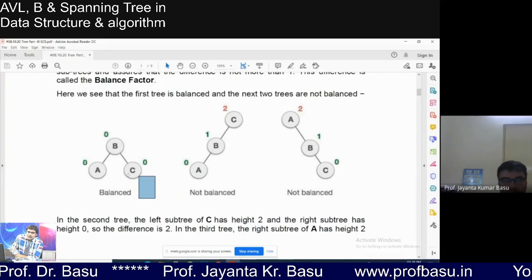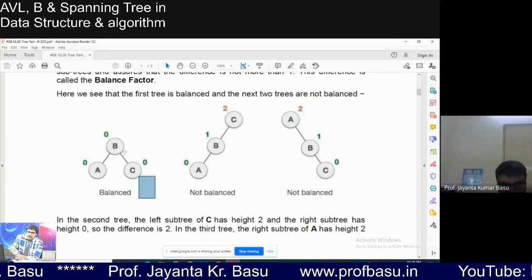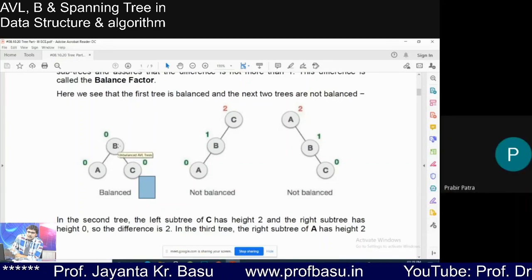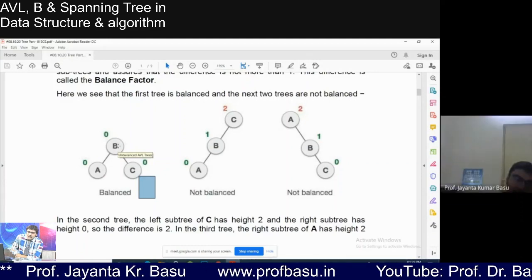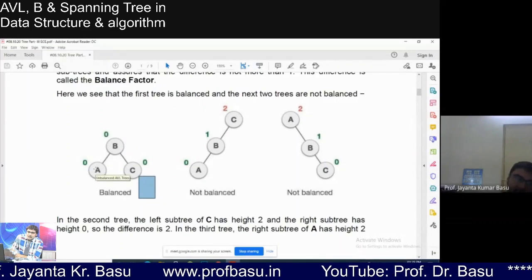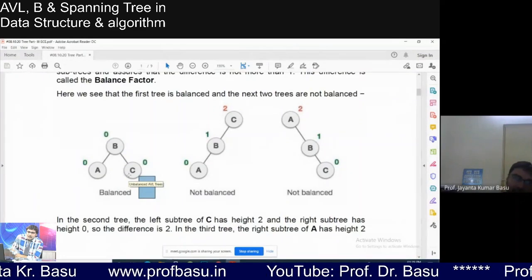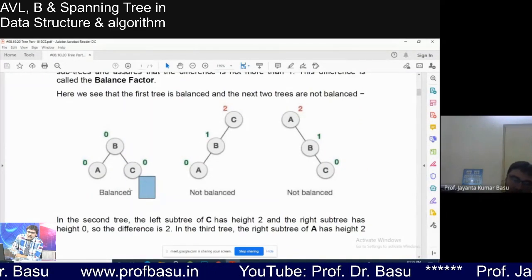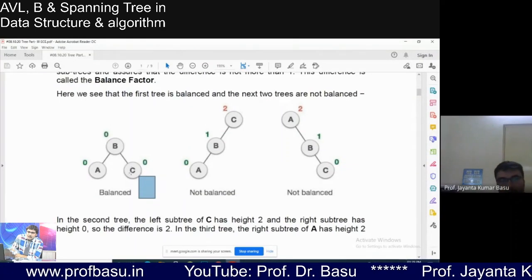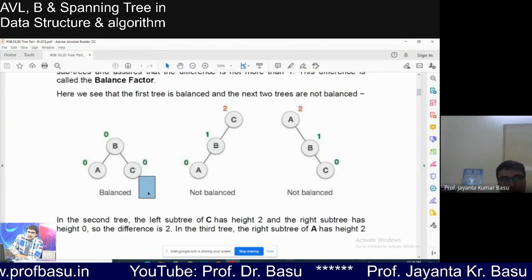If I put a right child for this C, B will have a balance factor of -1. Each and every node: A will still have 0, B will have -1, and C will also have -1, because there is no left child but there is a right child of C. So C will have -1, B will have -1, A will have 0, and D will have 0.